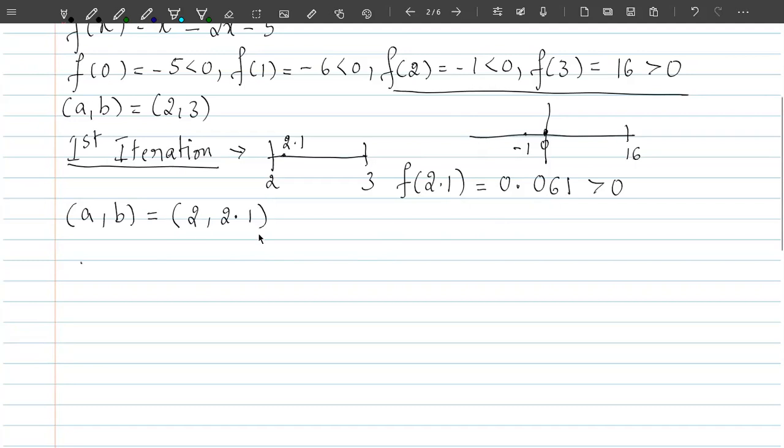So now we perform the first iteration x1, and x1 is equal to a into f of b minus b into f of a divided by f of b minus f of a.